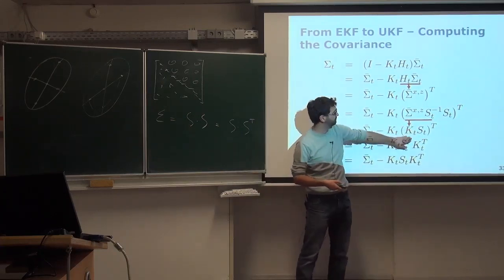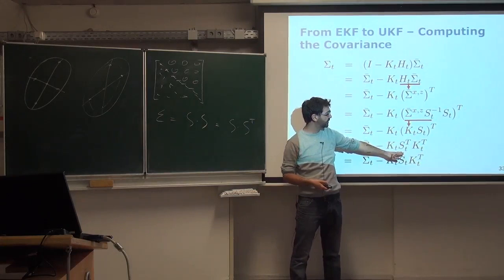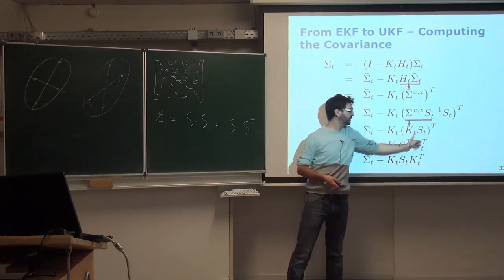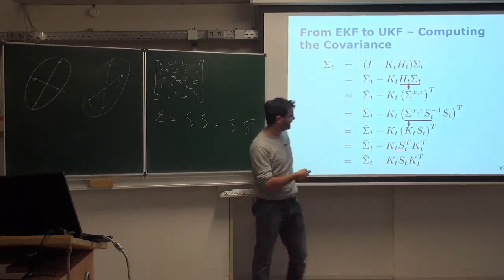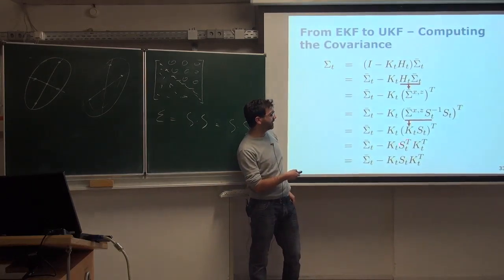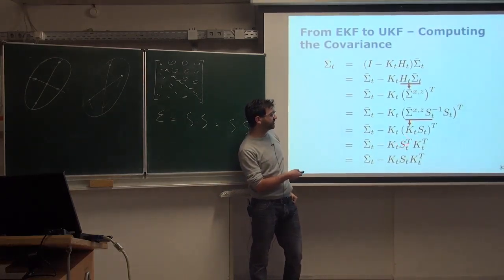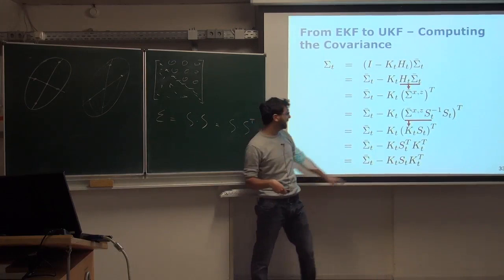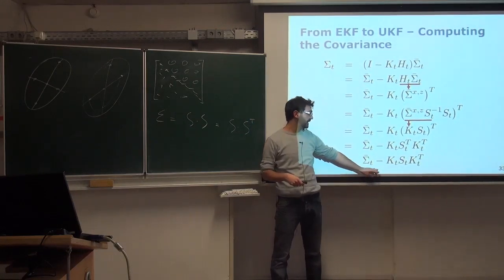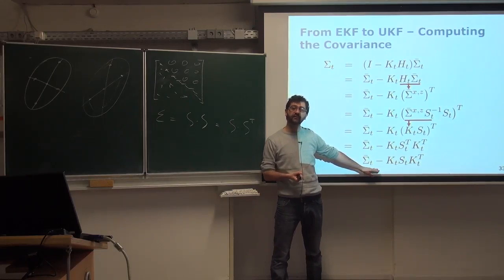So this is just the same, but putting the transpose inside. And since this matrix is symmetric, you can remove the transpose. This is another way of seeing the update rule for the covariance of the Kalman filter.